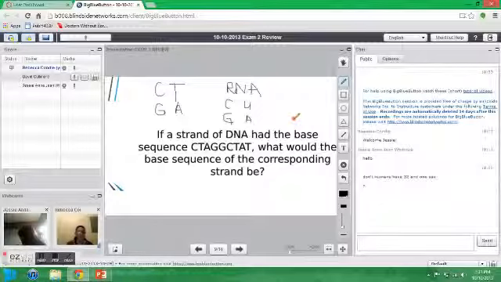Instead, in RNA, it's C's and G's together, with U instead of T matched up with A. And that's just because it has to have some way to be different from DNA, so you can tell the two apart.